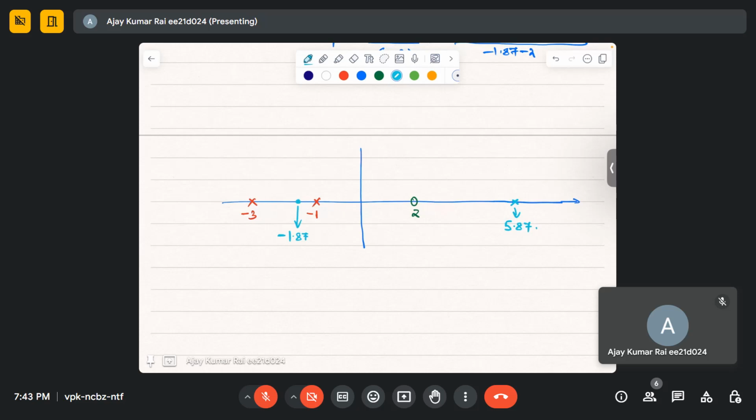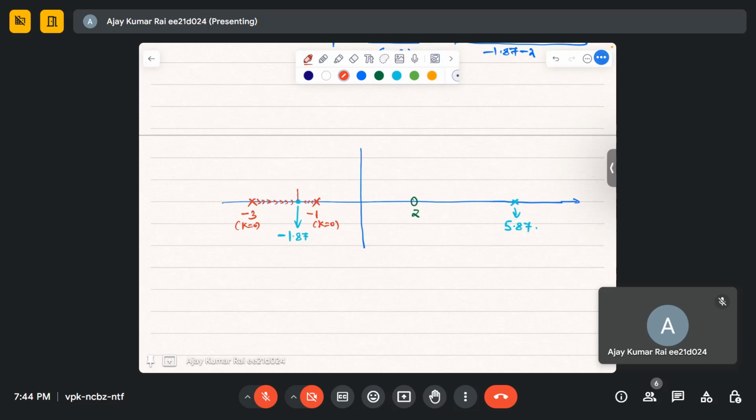Break-in point? How can we break in? Because root locus will start from here, where K is equal to 0. As you increase the value of K, what will happen? Root locus will be like this, right?